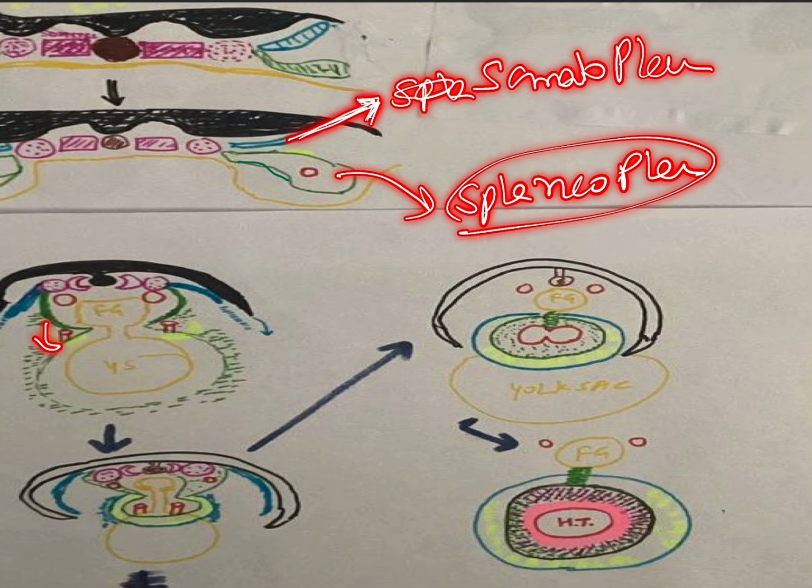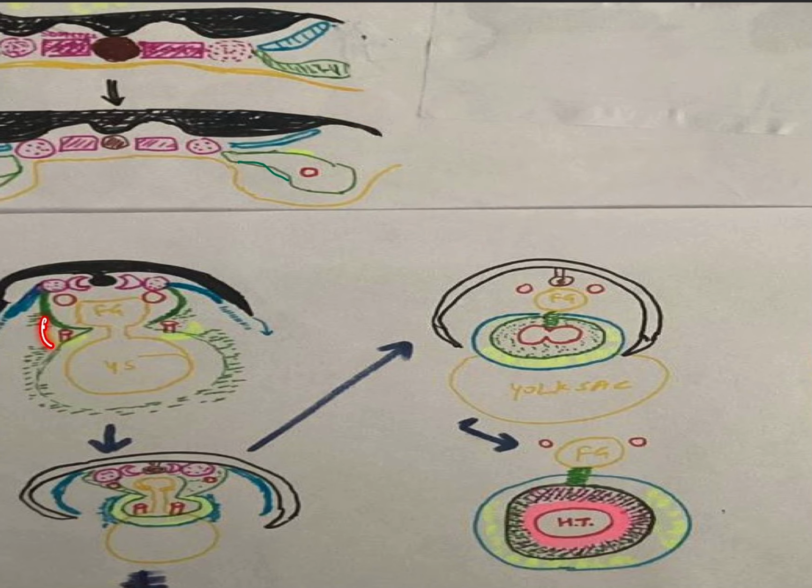So in the pericardial cavity, the inside is splanchnopleure, while the outer layer is somatopleure. Simple. The pericardial cavity is always surrounded with two layers. The inner layer is splanchnopleure and the outer layer of this cavity is somatopleure.